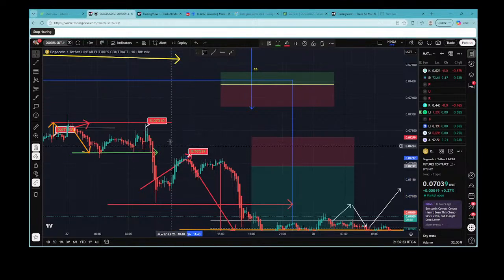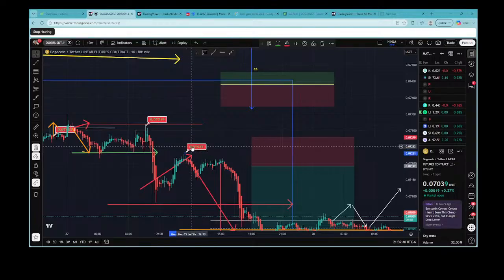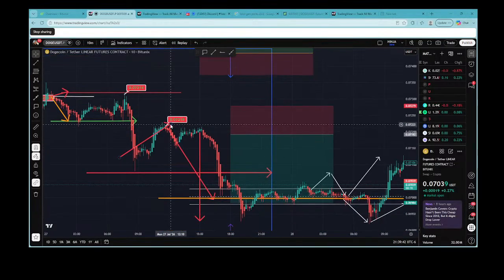So what you're making up for is, instead of getting this entry up here, you are now adding 10 or 15, 20% leverage to that second move because you've already had confirmation of the move, right? So that's how you can increase gains and stuff like that.